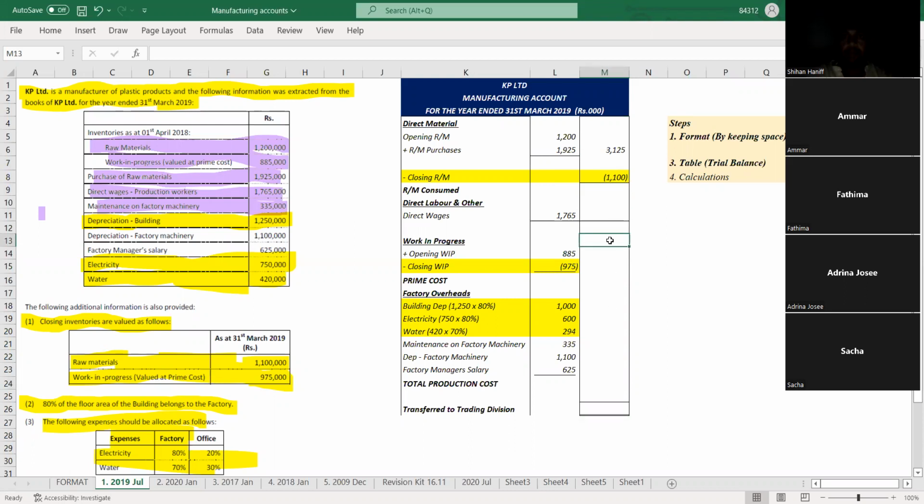Raw material, direct labor and other. Get the prime cost and find out the total production cost.